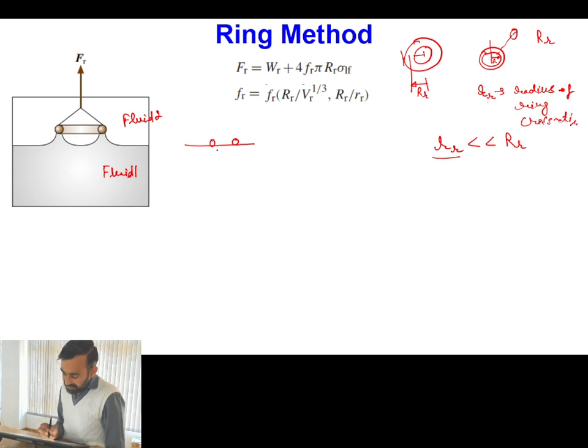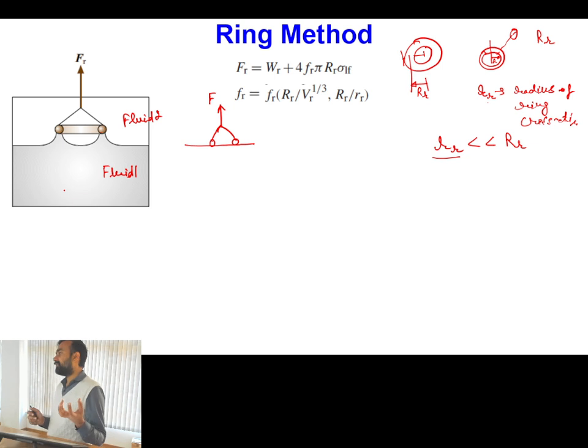Once you have placed this ring, because the name of the method is force method, ultimately whenever we place the ring, we need to pull it in the upward direction. Once we pull the ring upward, because of adhesion, the bottom fluid 1 gets attached to the ring, and as the ring moves upward, this liquid is also pulled.